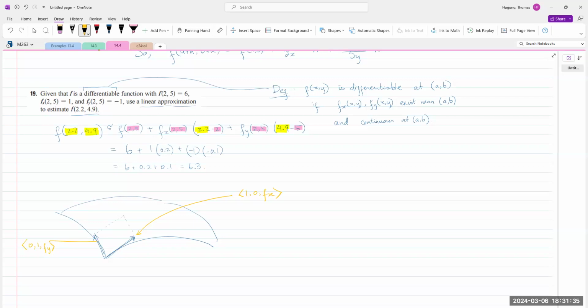Now, the question is, what if we only go h units in the x direction? Then this must be parallel to (h, 0, h f sub x), right? Imagine I multiply this vector by h. And imagine you go in the y direction by k units. So this must be parallel to (0, k, k f sub y).